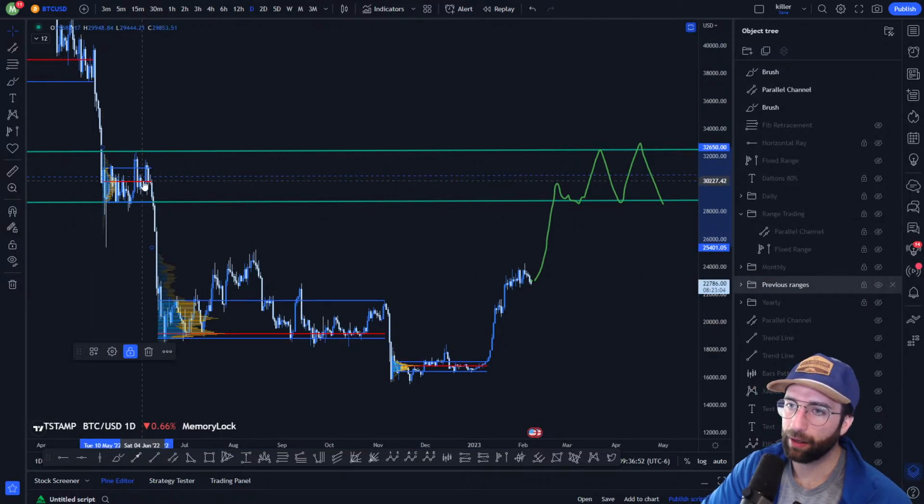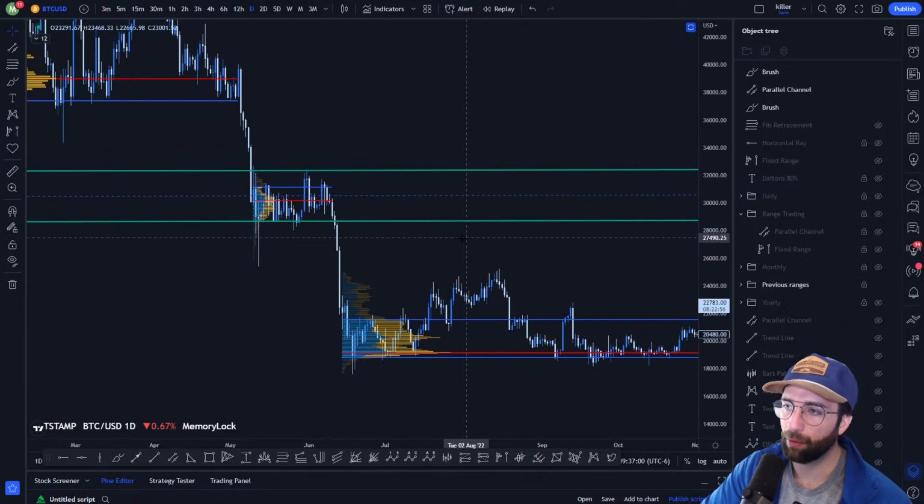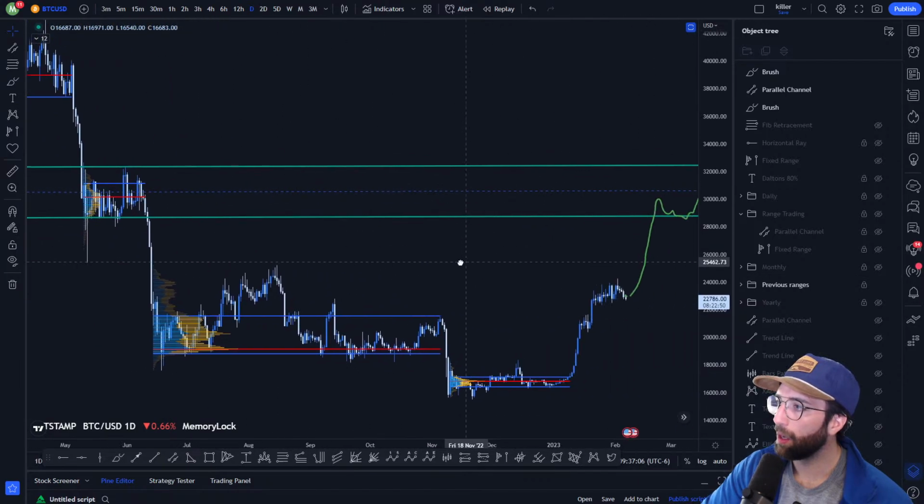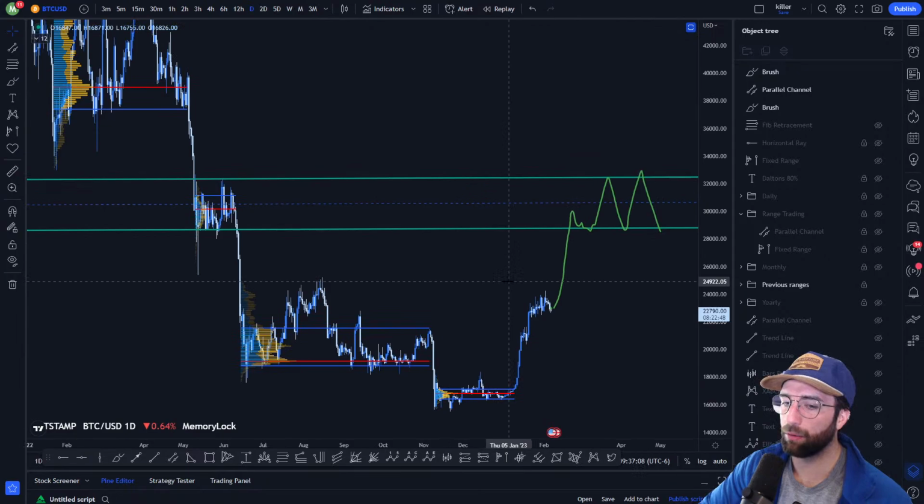The value area here can really give us some insight as to where we can expect that range to be put in. Okay. Yeah, and we can see here that the point of control was pretty important over on this range here. So yeah, we'll leave it at that with that aspect of the fixed range volume profile.